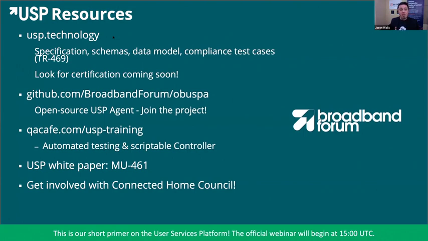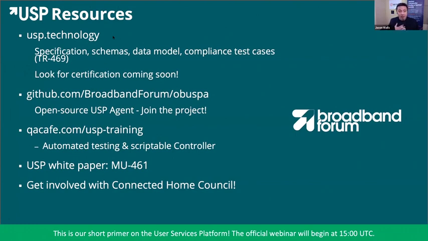You can find the open source USP agent that John Blackford, who is in the middle of joining right now, is spearheading, and that's an ongoing project through the Broadband Forum to unify the best of standards and the best of open source, and so that's improving every day. I think they're going to be on the third release in a little while.